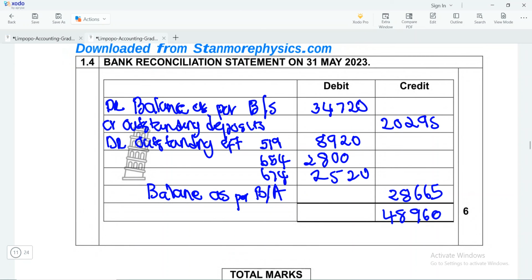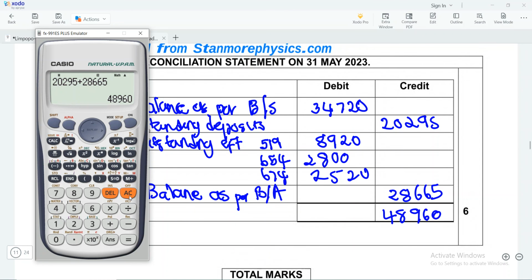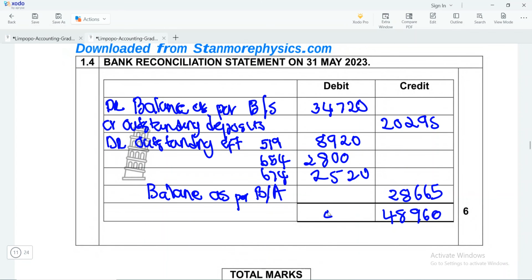Then let's check also the debit side. 34,720 plus 8,920 plus 2.8, and then also plus 2,520. It is giving us 48,960. So this will mean you will get 1 mark here. So we have balanced our BRS.